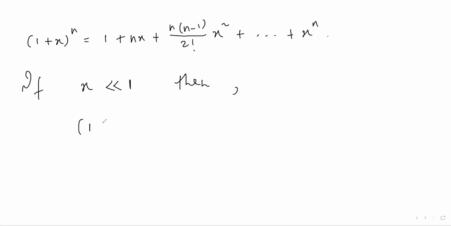You can say that 1 plus x to the power n is approximately 1 plus nx. Of course, this works for the expansion of 1 plus x to the n, where a is 1, not a plus x to the n.